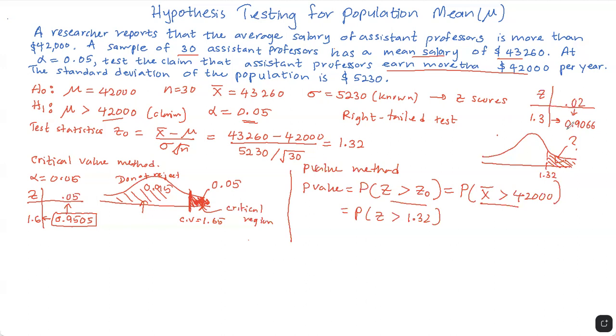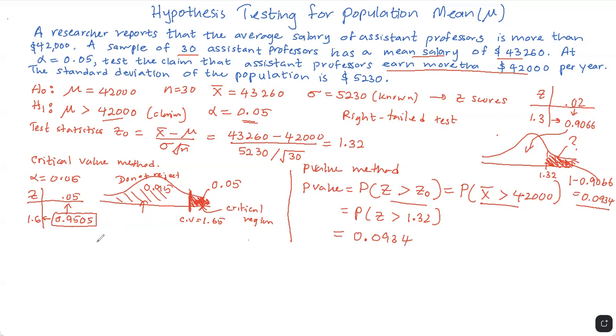But you need the area to the right, so you need to subtract 1 minus 0.9066. So this value is 0.0934. So your p-value, the probability of z-scores greater than 1.32, is 0.0934.